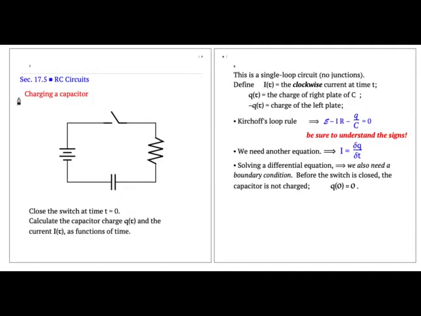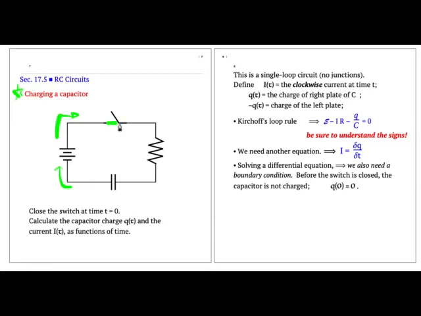So the example we'll work out is charging a capacitor. So we have a battery, a switch, a resistor, and a capacitor. Close the switch at time 0. What happens? Well, when the switch is closed, there'll be a current. It'll be directed out of the positive terminal of the battery and into the negative terminal of the battery.